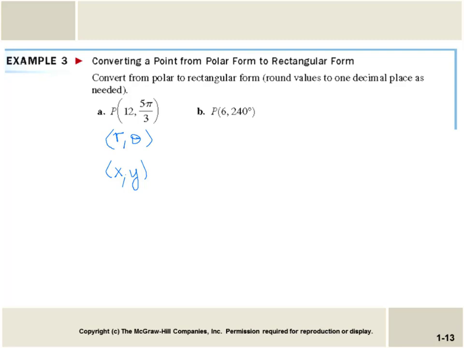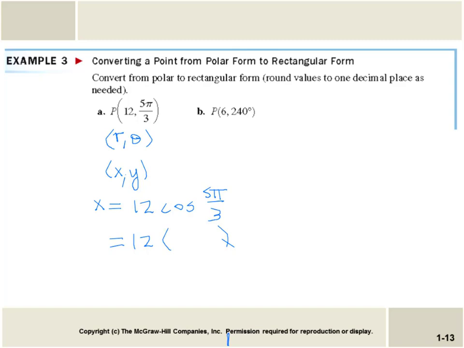X equals r cosine theta. So x equals r cosine theta. What's r? 12. Cosine, and theta is 5 pi over 3, right? So what's the cosine of 5 pi over 3?